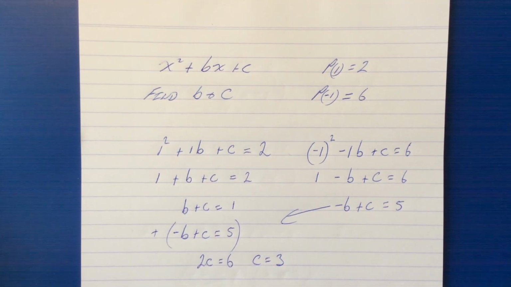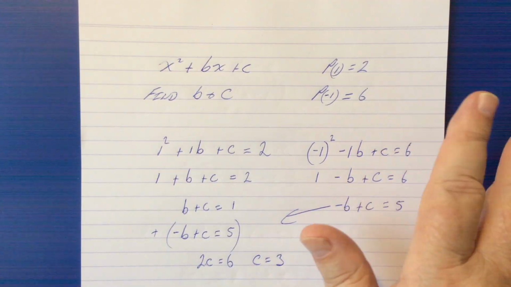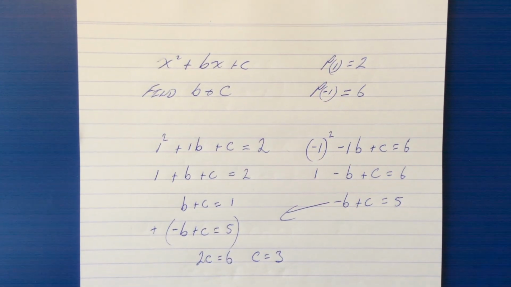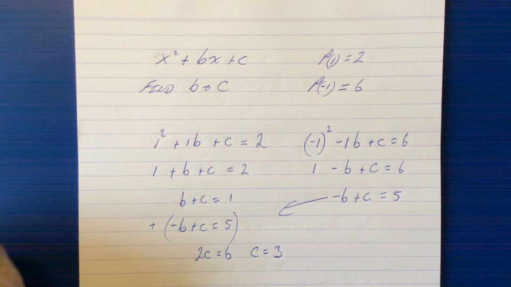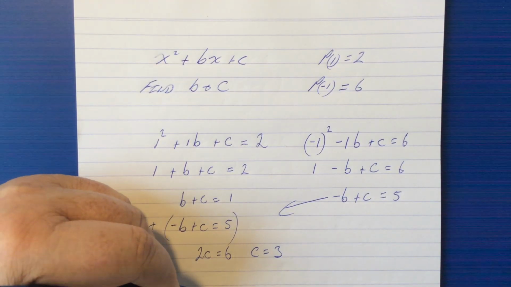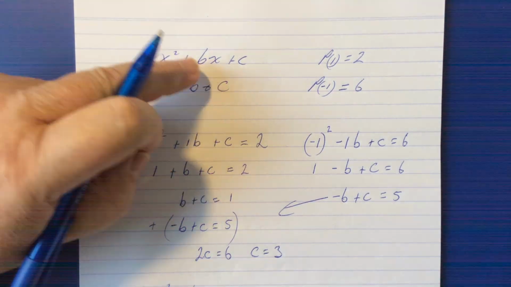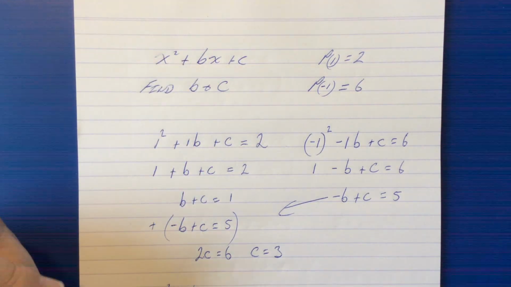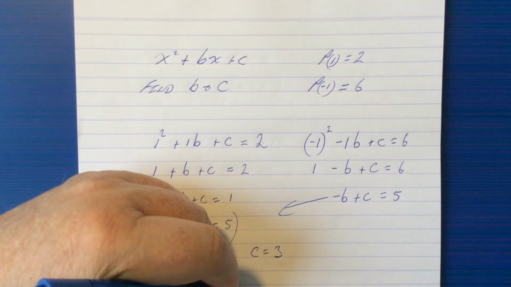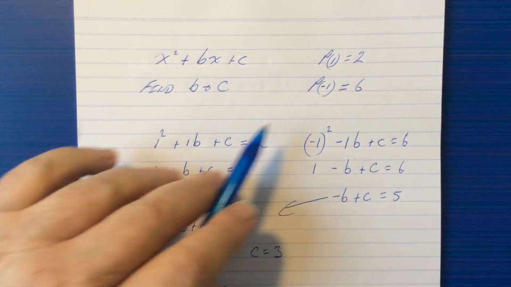From here, we can figure out what b is. And that's pretty straightforward. We'll just sub in one of these numbers. We'll use this one because positives are easier. 1 squared plus b, 1 times b, plus c, which is 3, is equal to 2.